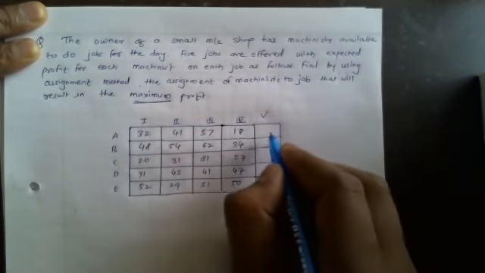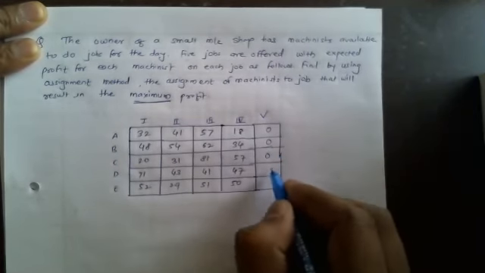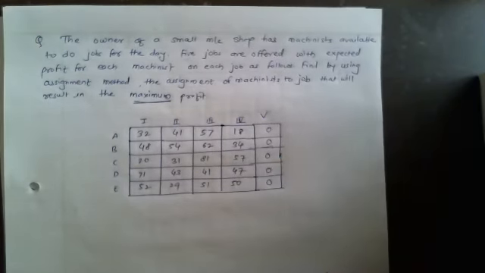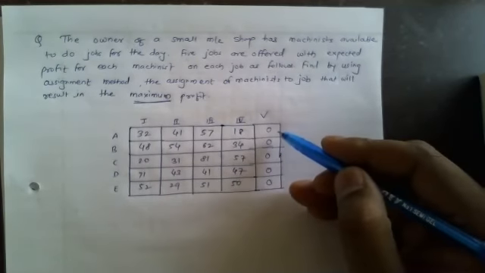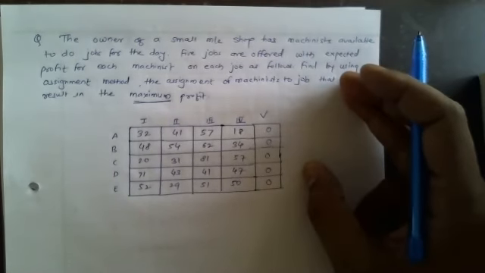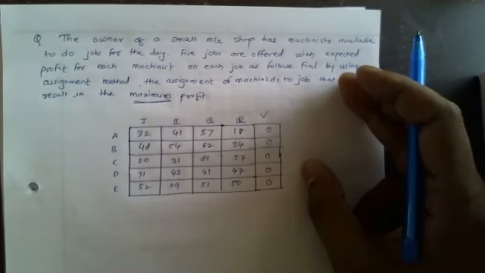That is the 5th column, and I will assign the value 0 because it will not change anything. For the balancing purpose we are adding the dummy column, so the cost associated with that particular column is 0. Now see, the unbalanced numerical is converted into a balanced numerical or a square matrix. The condition will get satisfied.